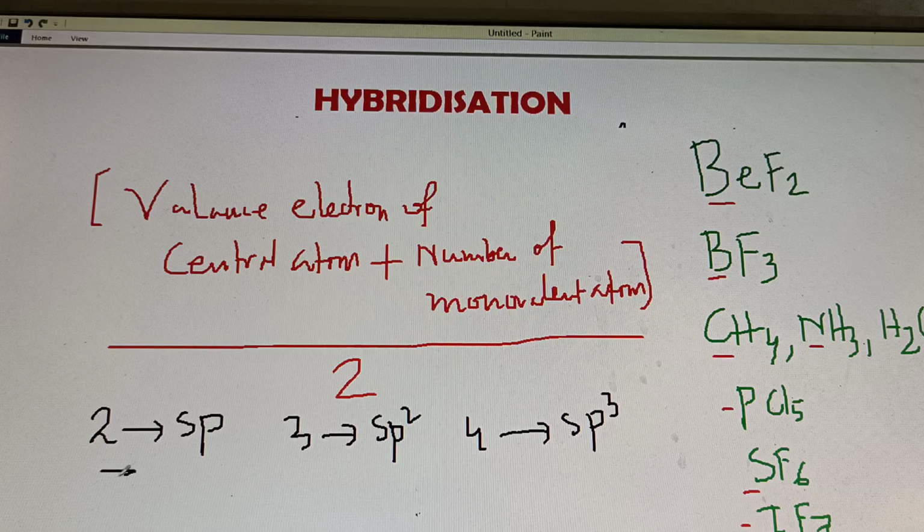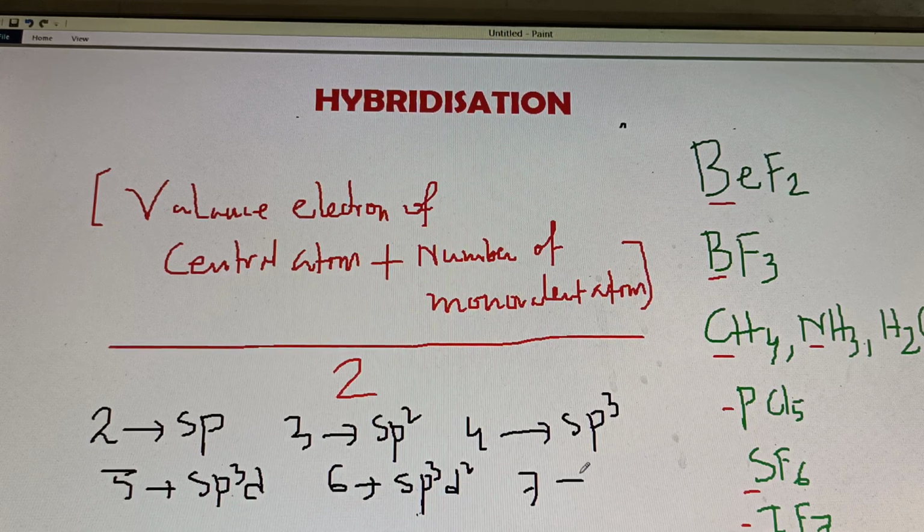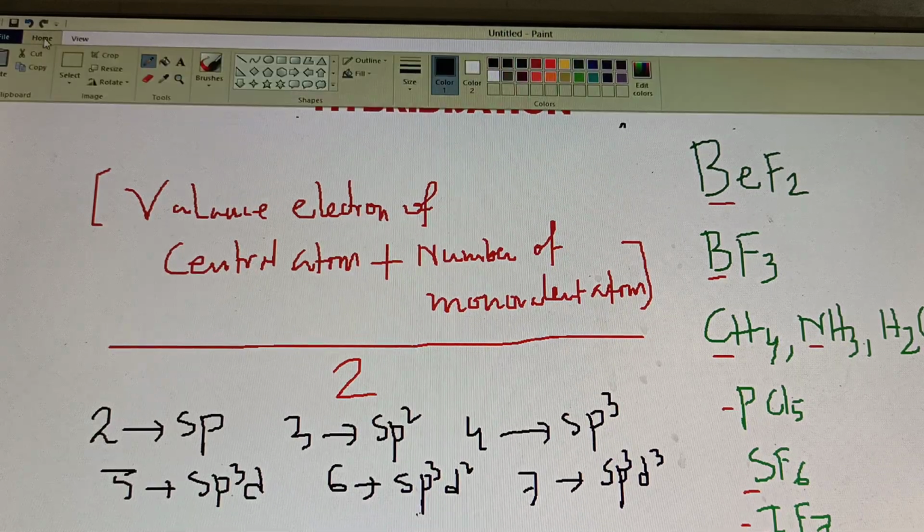If it is 5, it is sp3d hybridization. If it is 6, it is sp3d2 hybridization. If it is 7, then it must be sp3d3. So let's check each and every molecule.